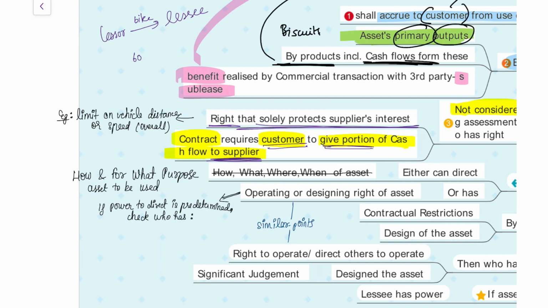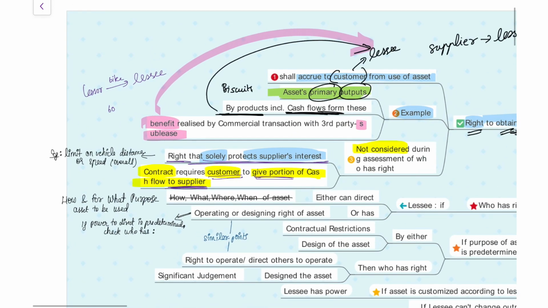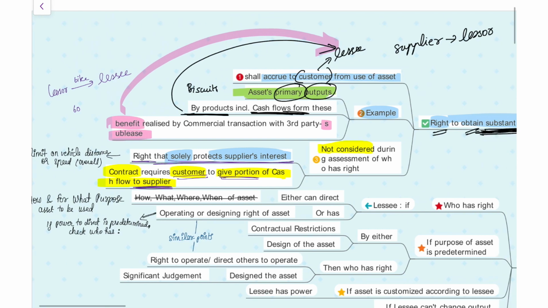Now, this condition restricts the right of the lessee, but it is only to solely protect the supplier's interest, because if a lessee rides the bike at a higher speed, there might be some damage to the bike. If some condition is put only for general protection of the asset or the lessor's interest, that also you need not consider when you are considering who has the right. Such conditions are fine.